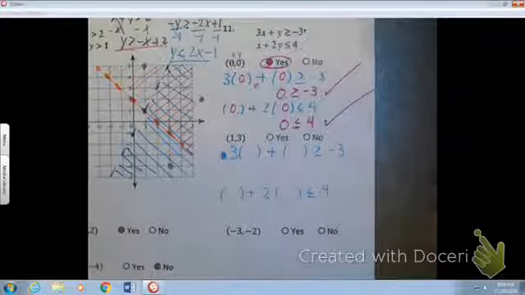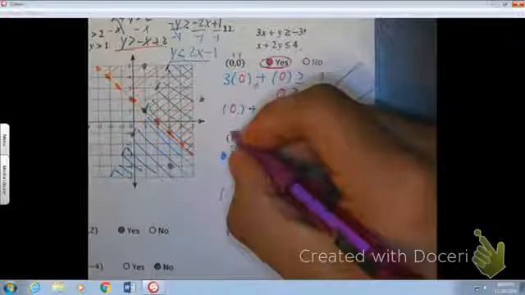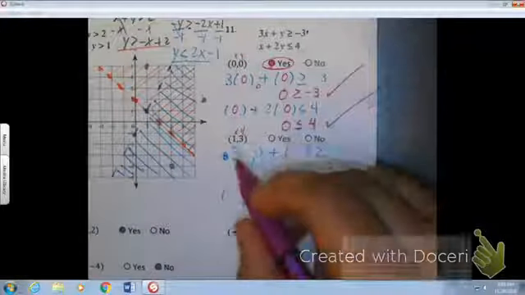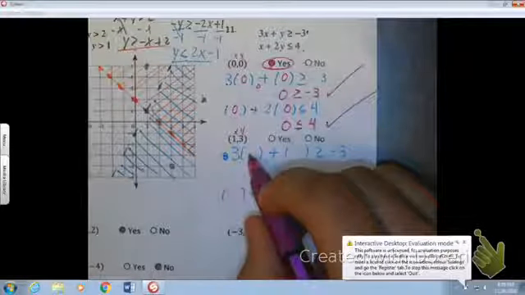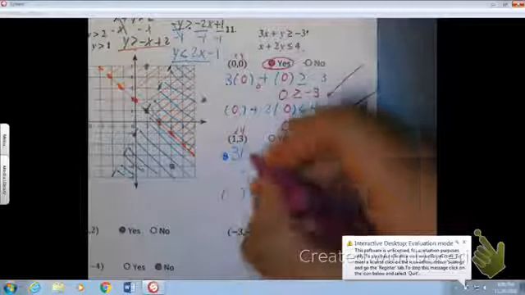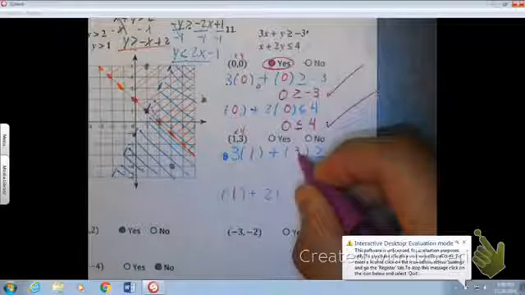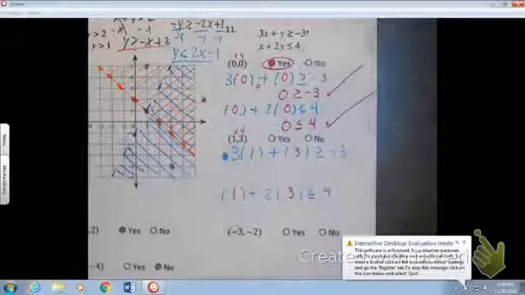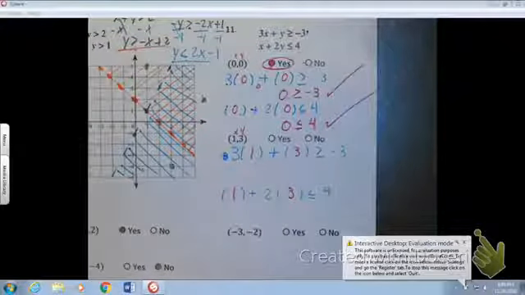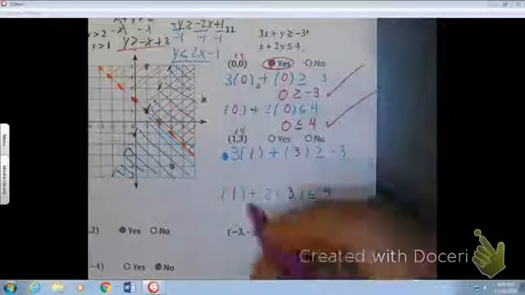Okay, so this is an x and this is a y. So instead of x right here and right here, I'm going to put a 1. And instead of y right here and right here, I'm going to put a 3. Remember, this has to work for both inequalities. A lot of times it's going to work for just one.